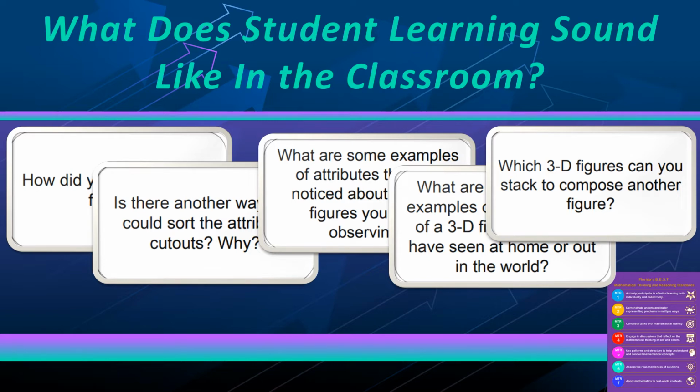The conversations elicited from these questions could demonstrate MTRs 1, 2, 4, and 6. These math chat questions can be found in the Scope 8 Explore.